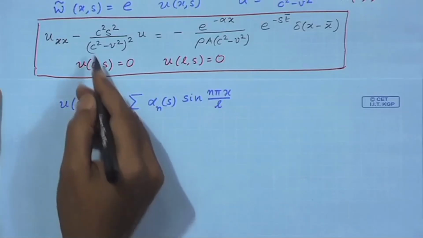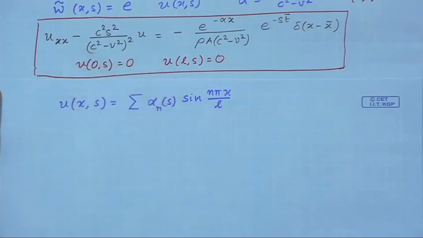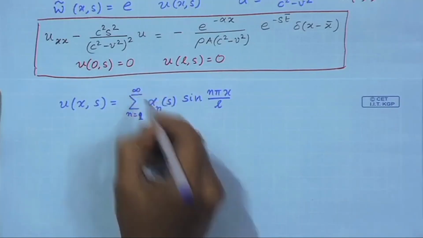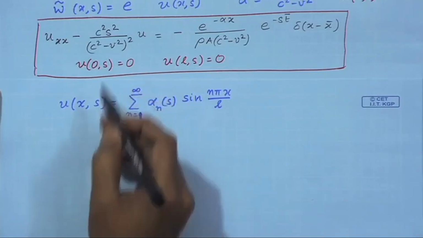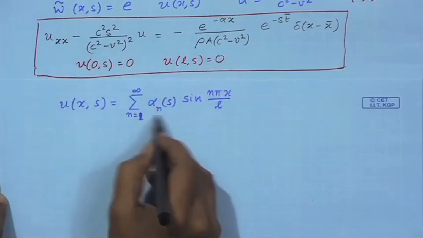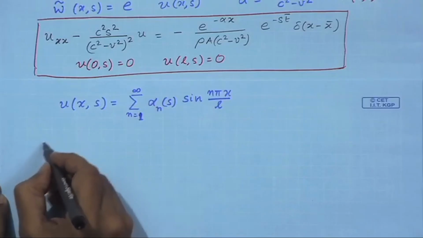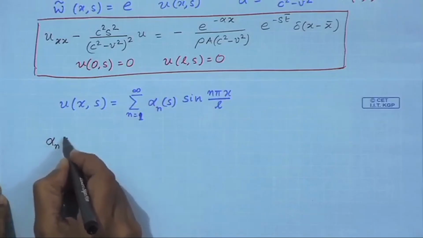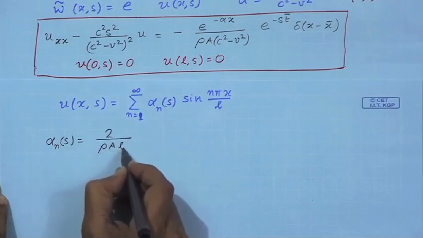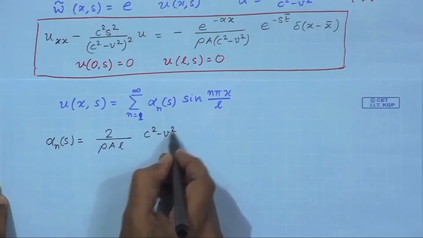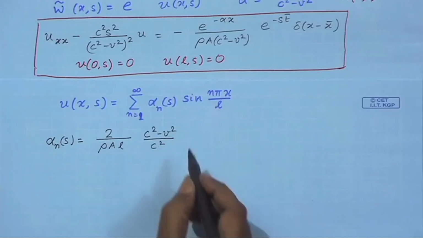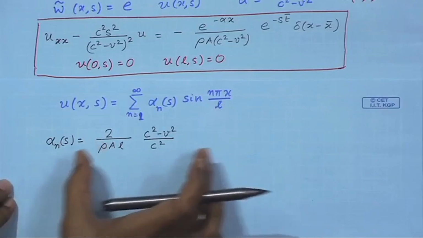If you substitute this expansion in the equation and finally solve for alpha n, these are straightforward steps which can be done very easily. We have been following these steps before.